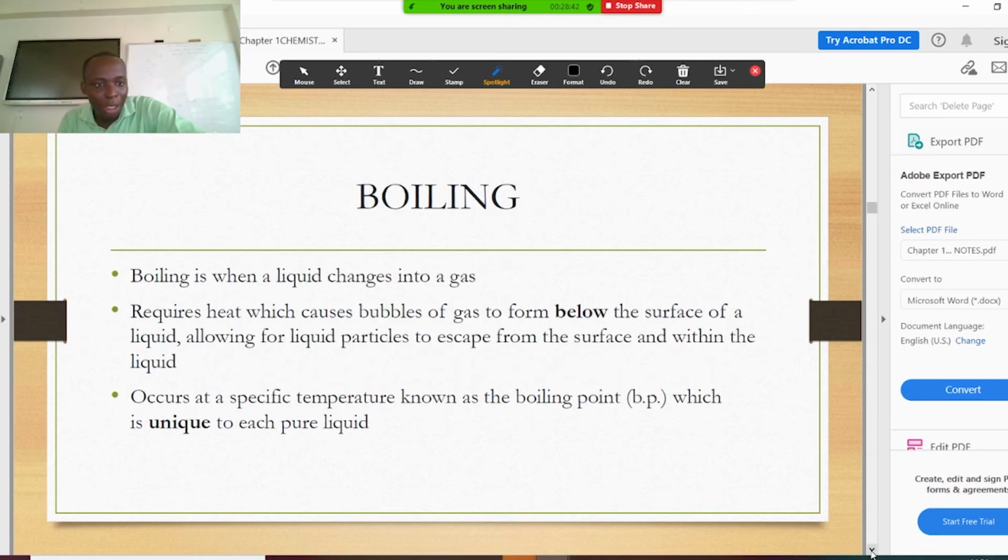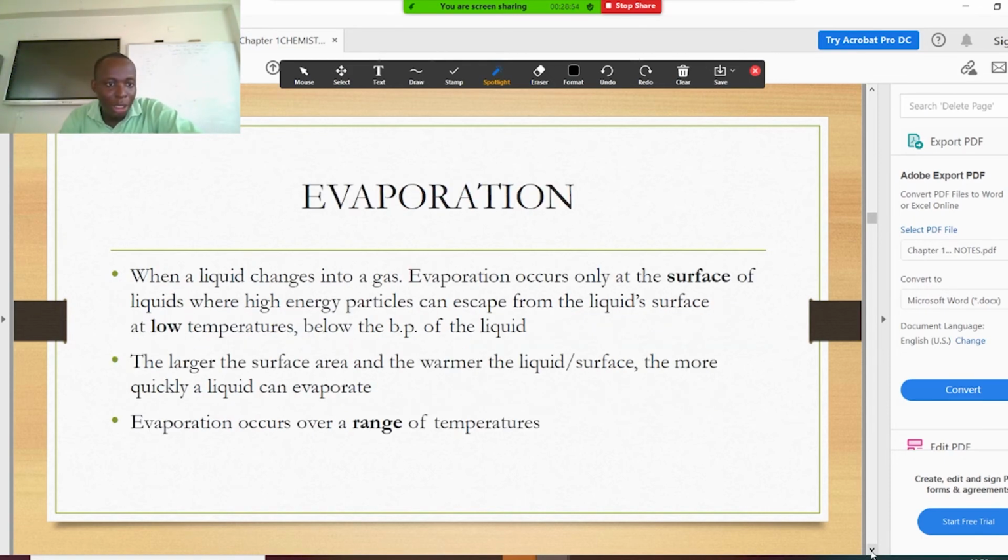And then when we come to boiling, boiling is when a liquid changes into a gas, and it also occurs at a specific temperature known as the boiling point. Now, there is a difference between evaporation and boiling.